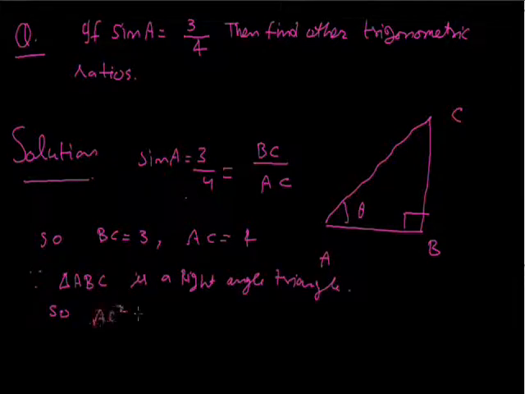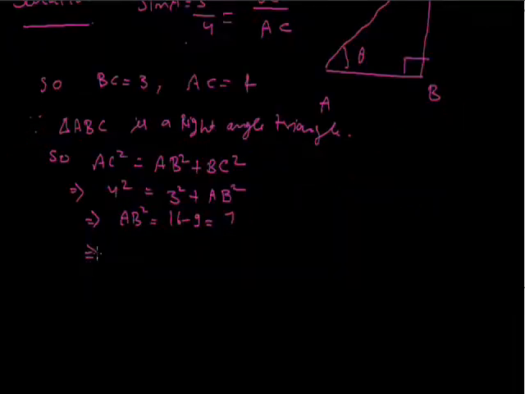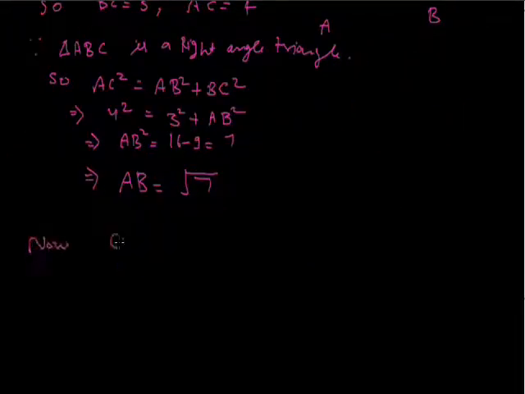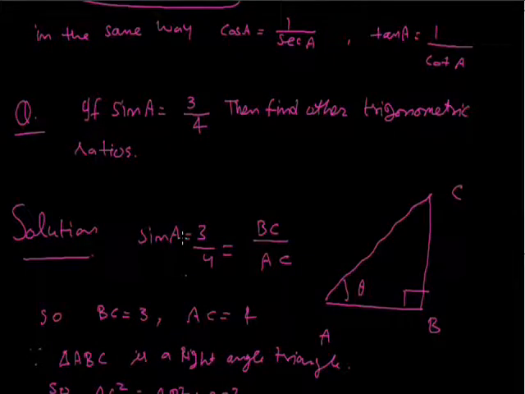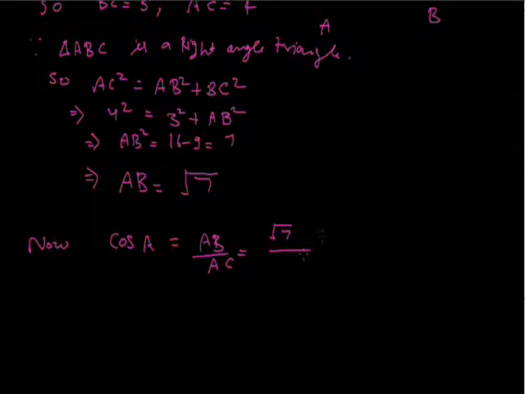Because triangle ABC is a right angle triangle, AC square equal to AB square plus BC square. So 4 square equal to 3 square plus AB square. So AB square equal to 16 minus 9 equal to 7. So AB equal to under root 7. Now cos A equal to AB by AC, where AB equal to root 7 and AC equal to 4.